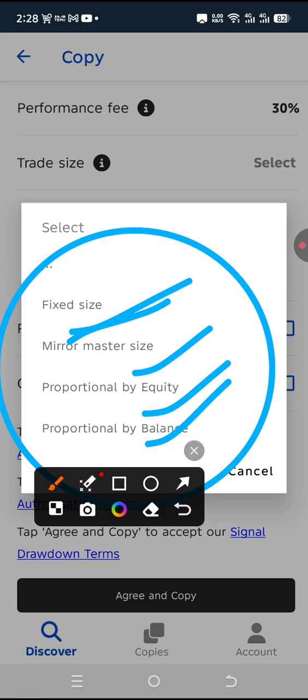You can only use fixed size if you know the way the trader works and you know the trader is following just one particular coin. If a trader trades one particular coin or pair, I'm used to saying coin because I come from the crypto world, so don't worry. I think you understand. Understanding matters. Now, if he's trading just one pair, you can use a fixed size because trade size differs from pair to pair.